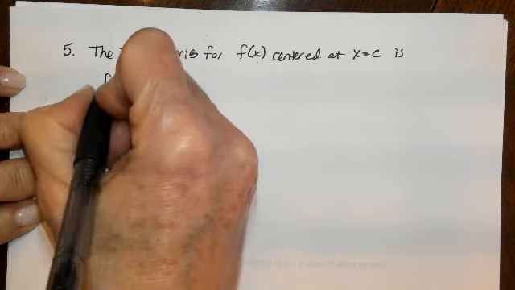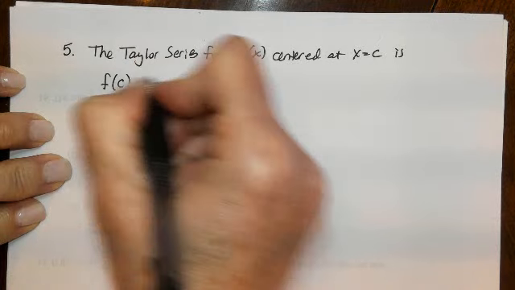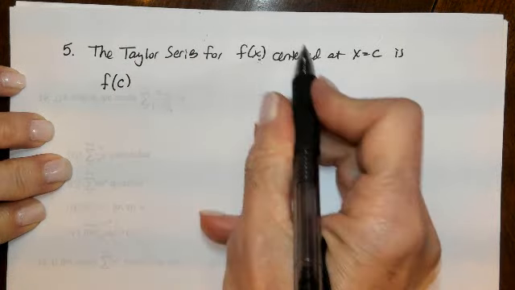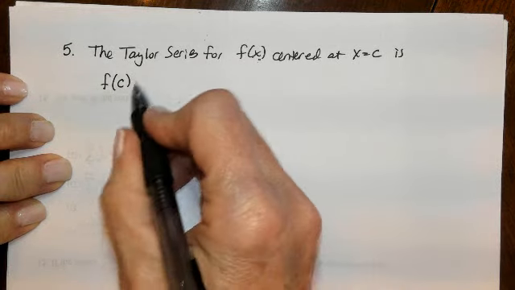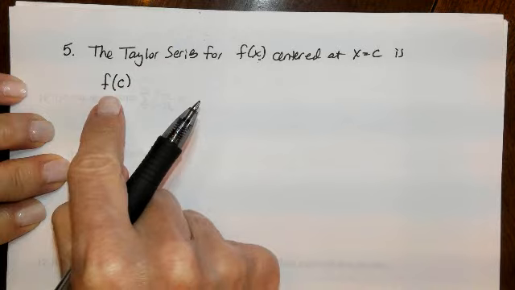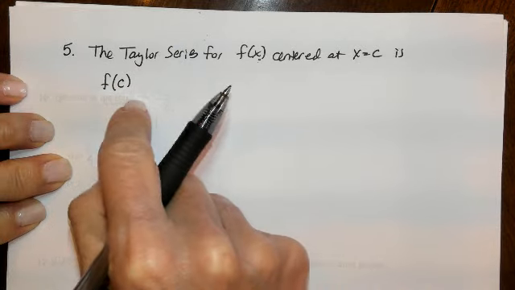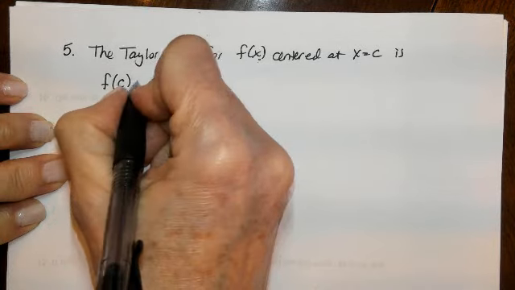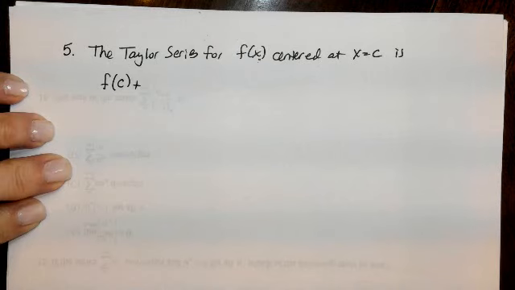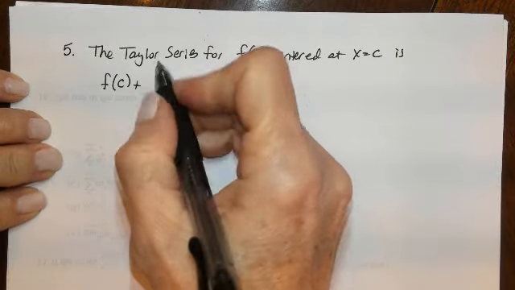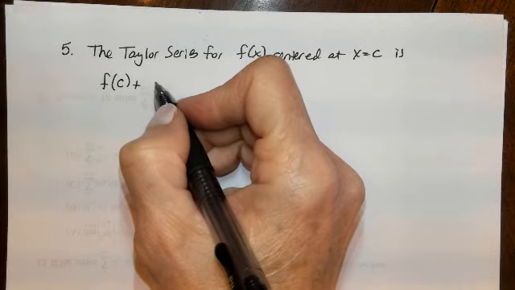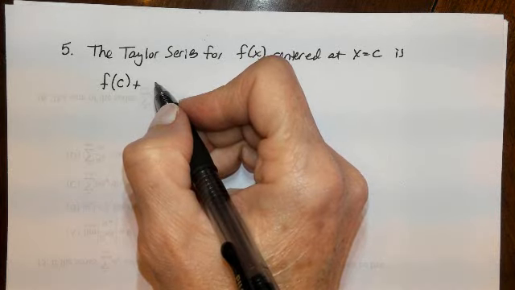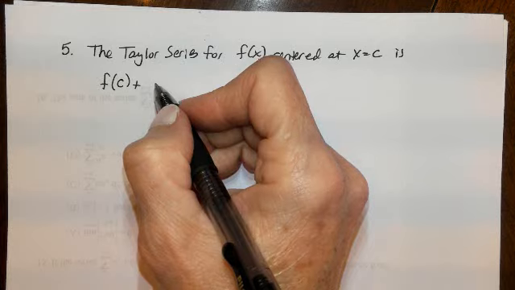We begin with just f of c. So whatever f of x is, you put that number in for x, and you're going to get a number. f of c is just a number, and that's your constant term of the power series. Plus, now we go to the next term, and it's composed of a derivative, a factorial, and a power of x.